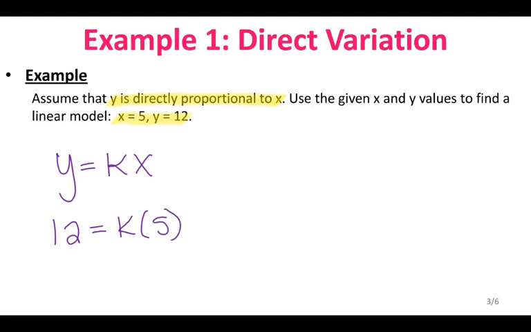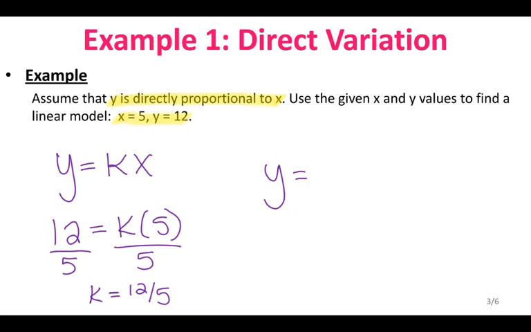So I have 12 equals k times 5, and then I'm going to use this to solve for k, my constant of variation. So to solve for k, I'm going to divide both sides by 5. I'm going to go ahead and leave this as the fraction 12 fifths. So k equals 12 fifths. So it says use the given x and y values to find a linear model. So your linear model is just your equation.